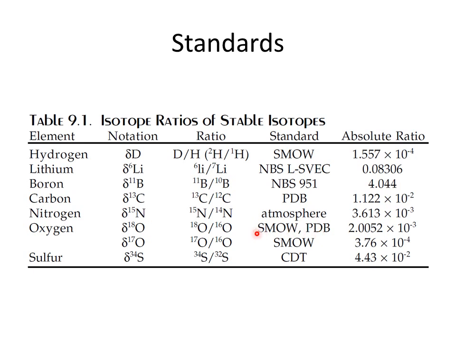SMOW stands for Standard Mean Ocean Water, and PDB stands for the PD belemnite, which is a belemnite from the PD formation. What these standards are is basically a pot of substance that's kept in a laboratory and is homogeneous. It has a known isotope ratio, or we just assume that we know the isotope ratio, so that everyone measures their samples relative to that standard.